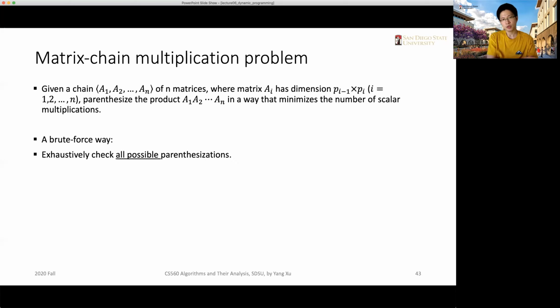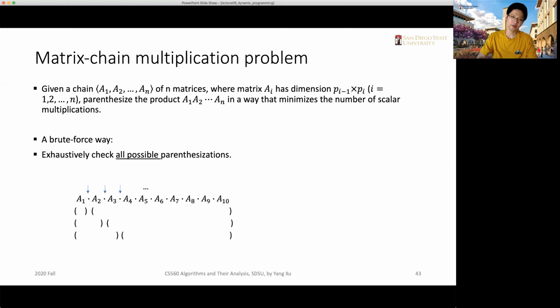A brute force way is just to exhaustively check all possible parenthesizations. Given a sequence like this, we can first think of the last layer of parenthesization, or the last layer of multiplication.